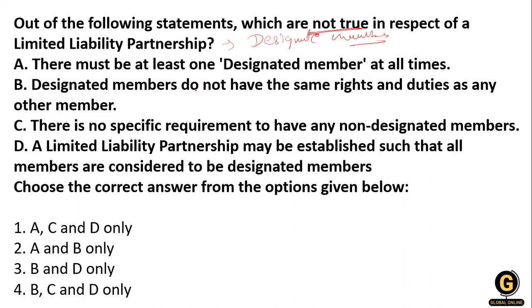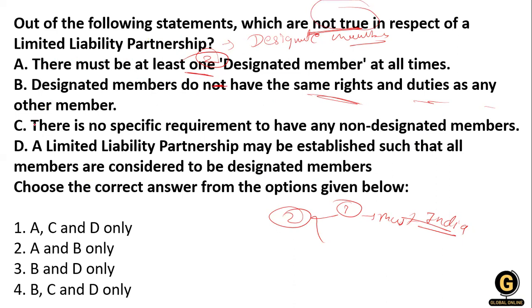No ma'am, there must be at least two designated members, and from those two, one designated member must be a resident of India. Clear? And designated members do have the same rights and duties as the other members. So these two options are not true.